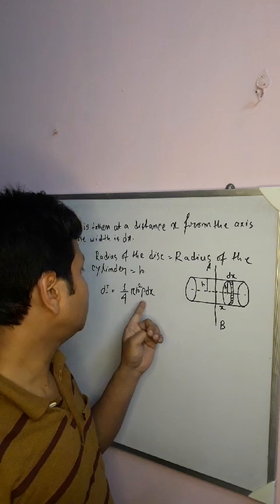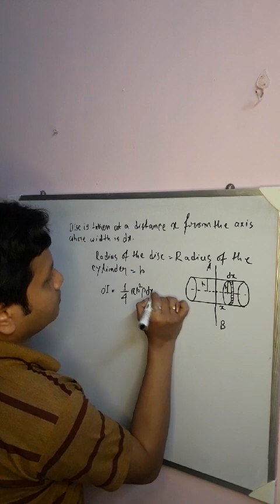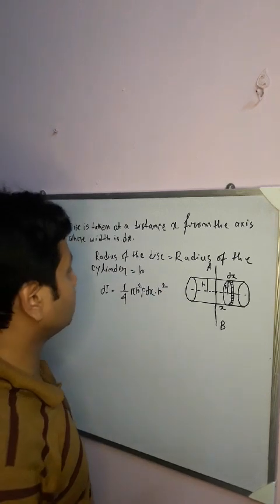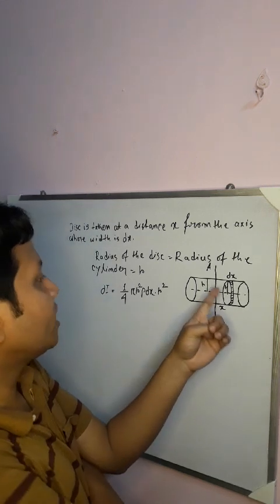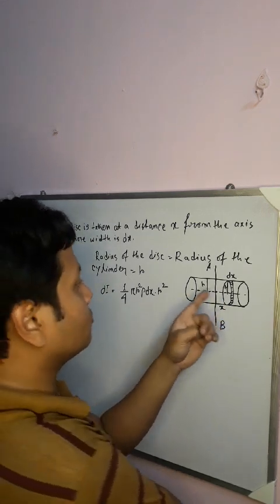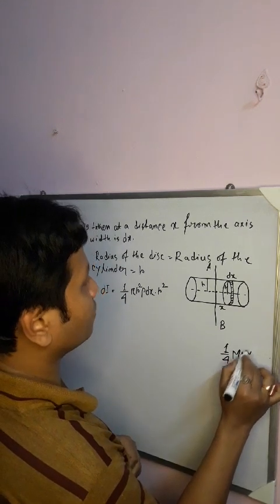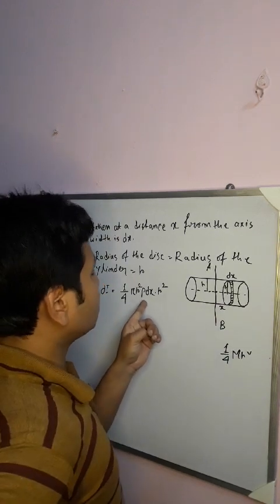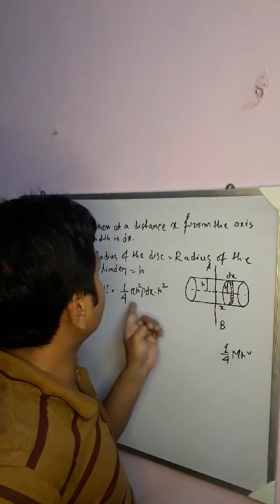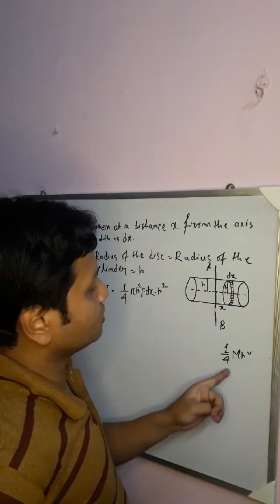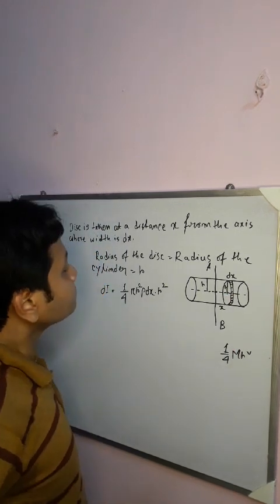So this is the moment of inertia about the diameter, 1/4 m r square, with m equal to pi r square dx into rho.